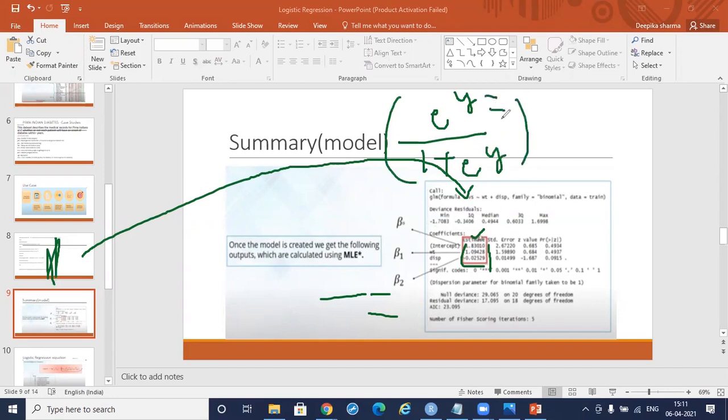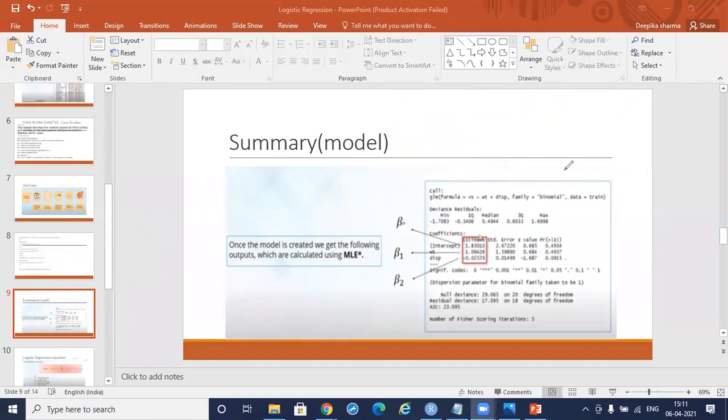So into y, the coefficients are taken as plus b1x1, b2x2, b3x3. The coefficients are filled in along with their input variable values, and they work there in the backend of logistic regression.